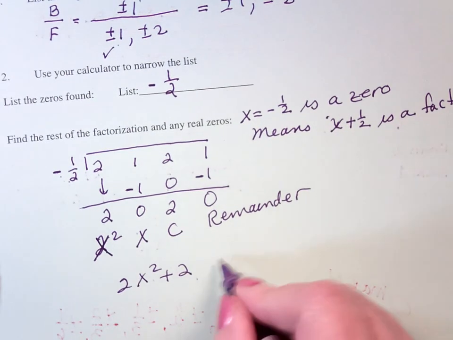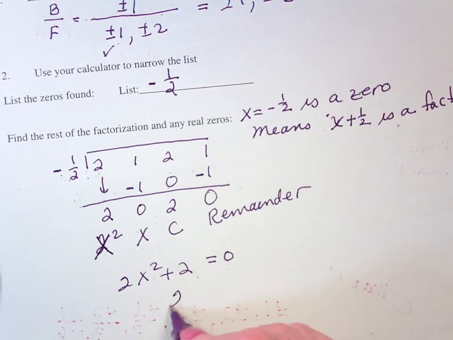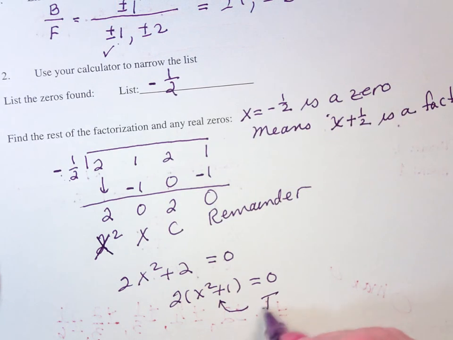Now, if I take 2x squared plus 2, set it equal to 0, this would be 2 times x squared plus 1 equals 0. Unfortunately, that's x squared plus 1. These are imaginary zeros.